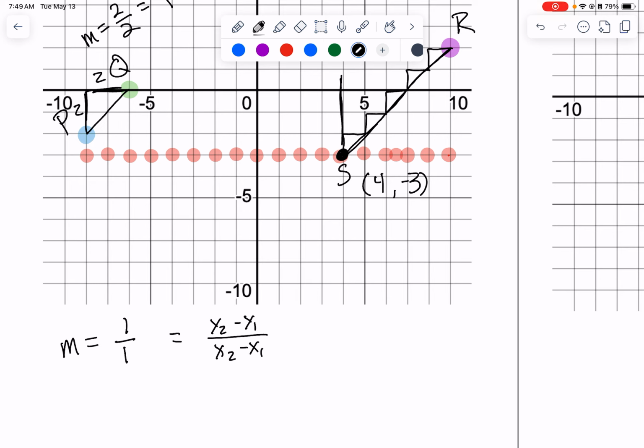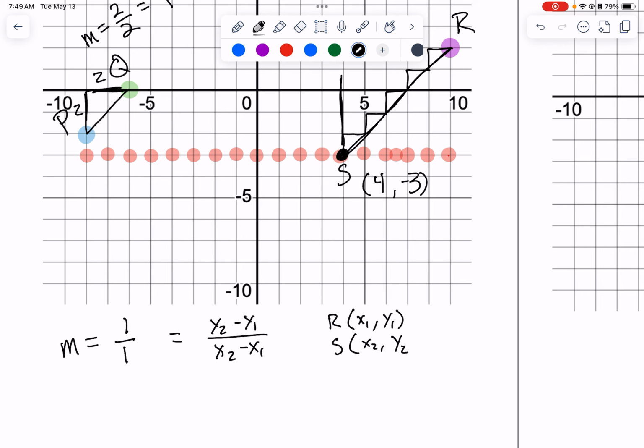And let's call our R our x1 and y1, and our S our x2 and y2.